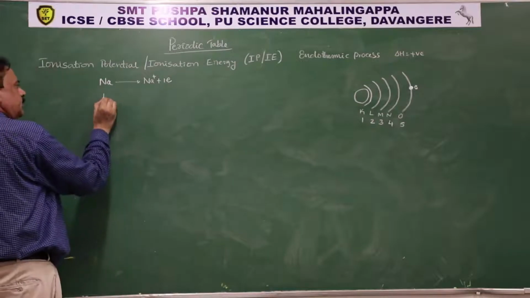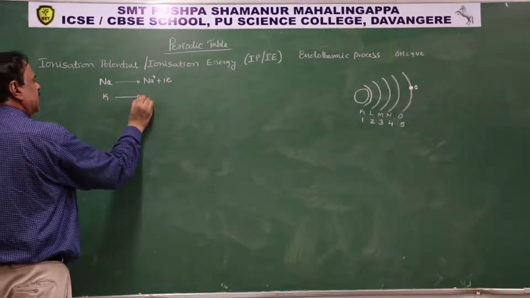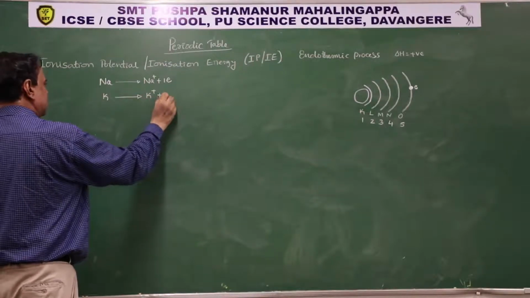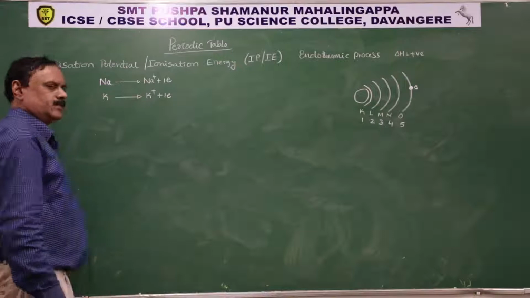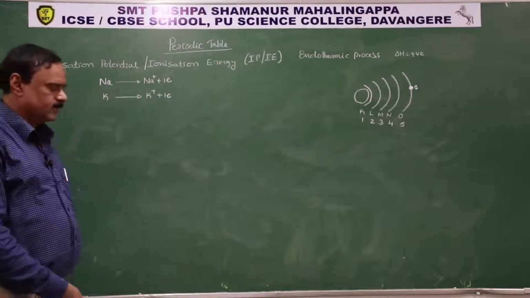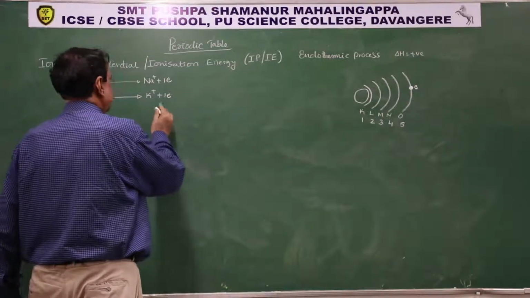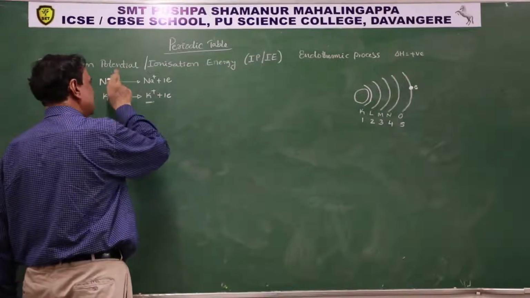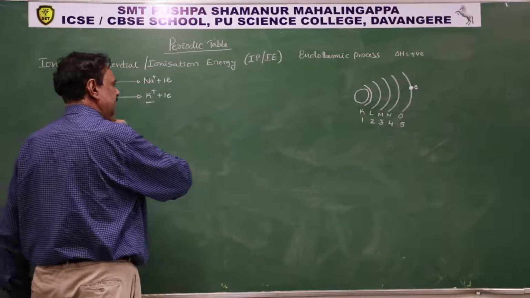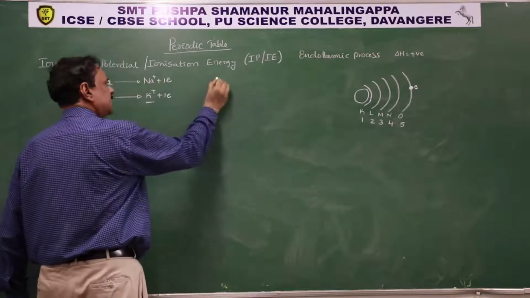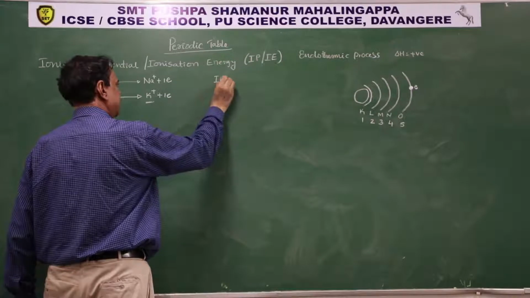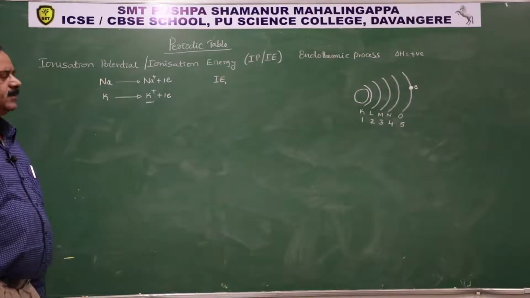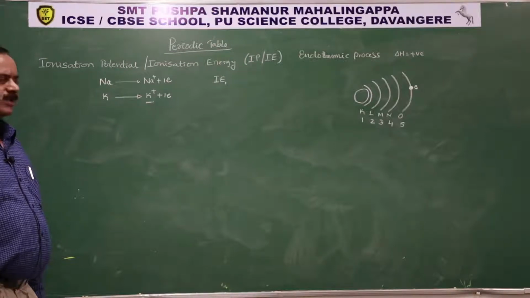Similarly, potassium can be converted into potassium cation plus an electron. One electron is lost. During the formation of cations, we have to supply additional energy. That is called IE1. IE1 refers to first ionization energy.